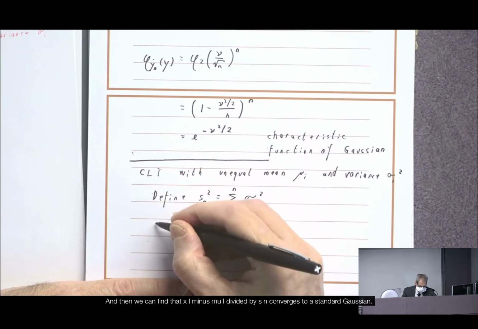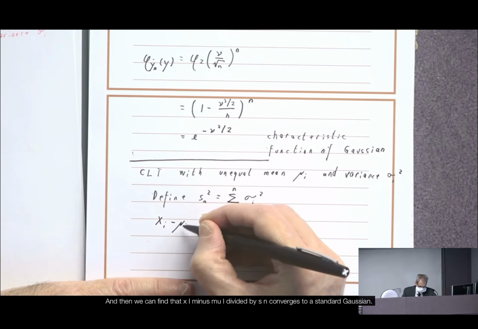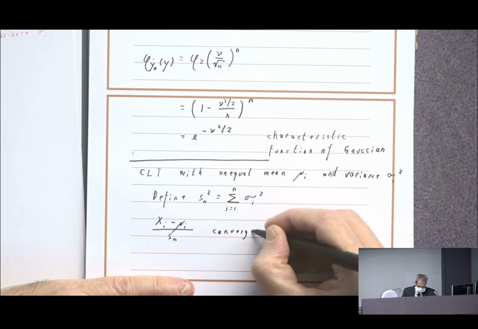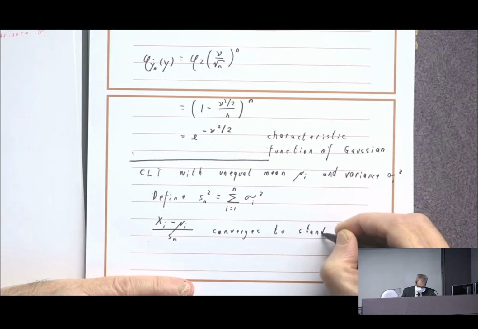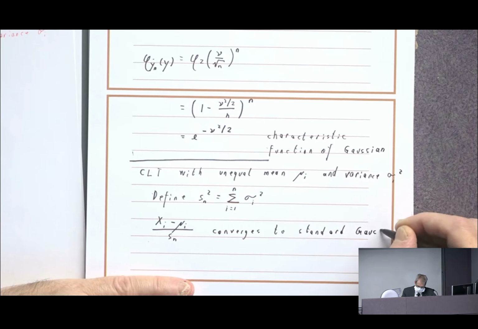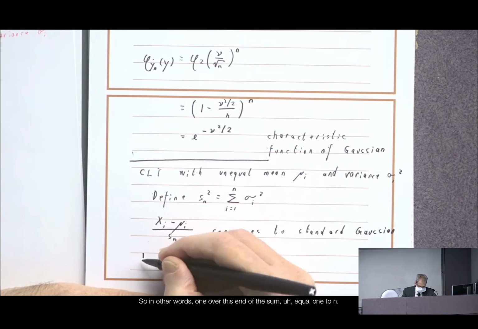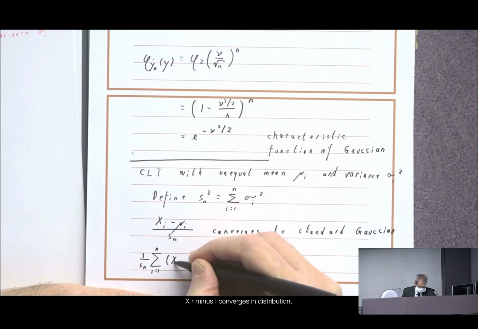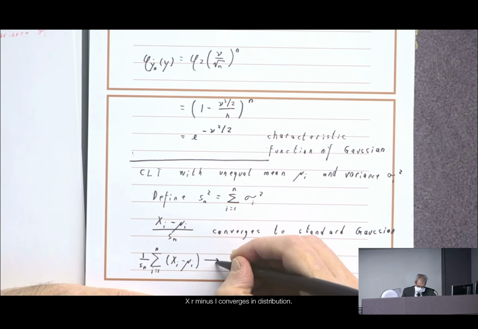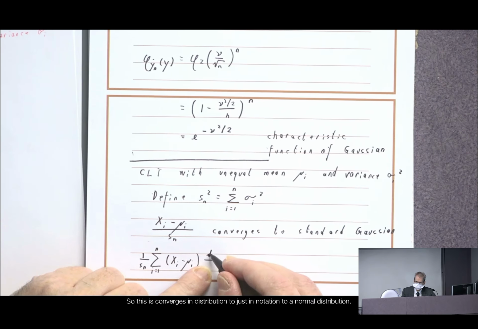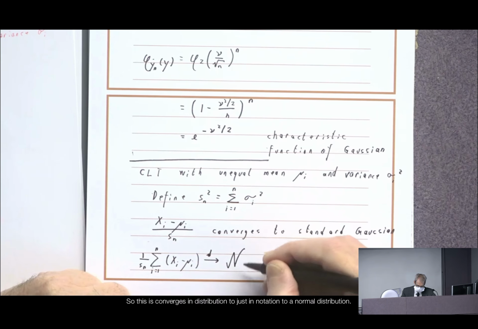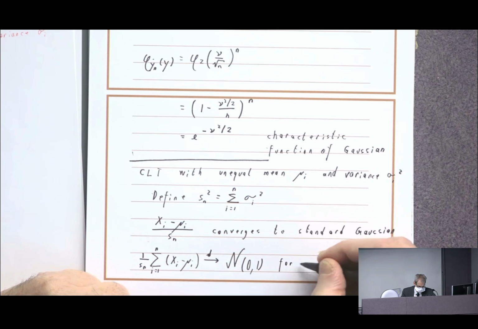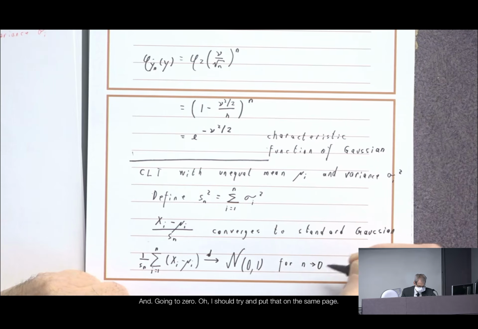And then we can find that (xi minus mu i) divided by Sn converges to a standard Gaussian. So in other words, 1 over Sn times the sum from i equal 1 to n of (xi minus mu i) converges in distribution, just a notation, to a normal distribution (0, 1) for n going to infinity.